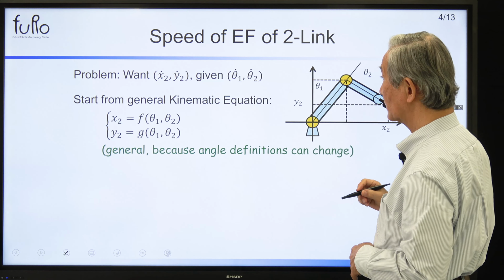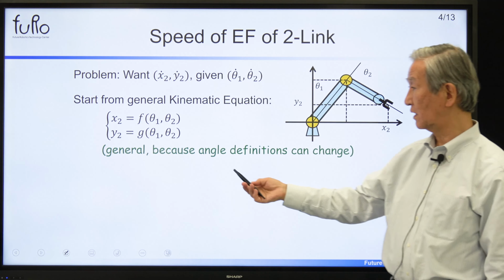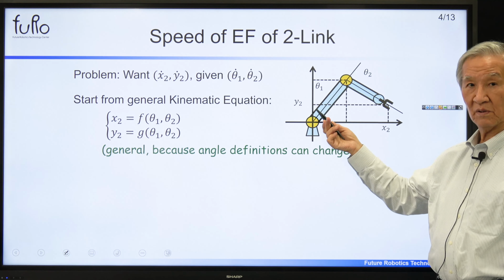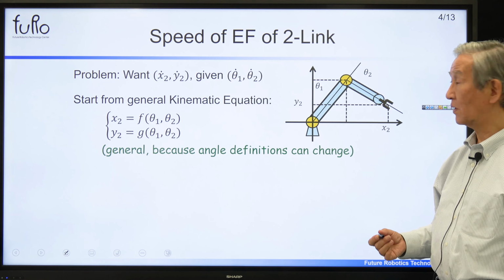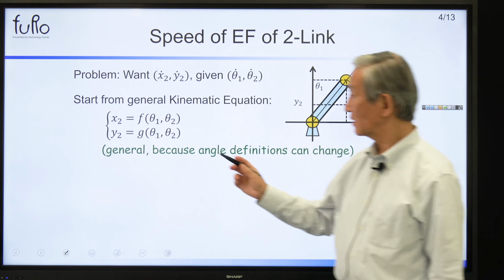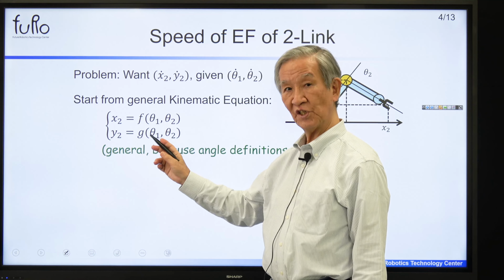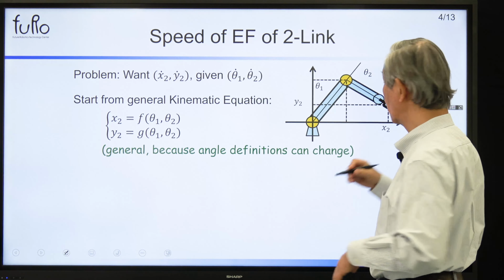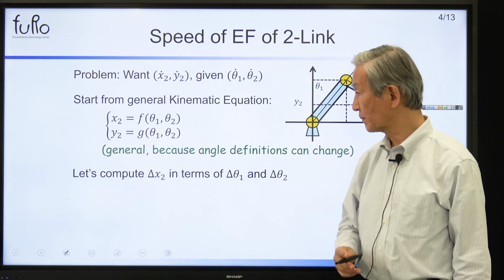Okay, start from the kinematic equation. The reason for that is that the definition of angle can vary, as we have learned a long time ago. So therefore, let me use a general function f(theta 1, theta 2) and g(theta 1, theta 2), so that we can apply the result to many different definitions of the angles.